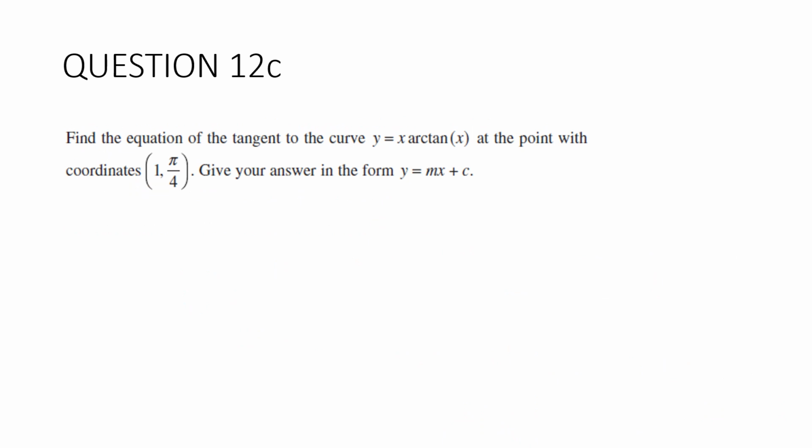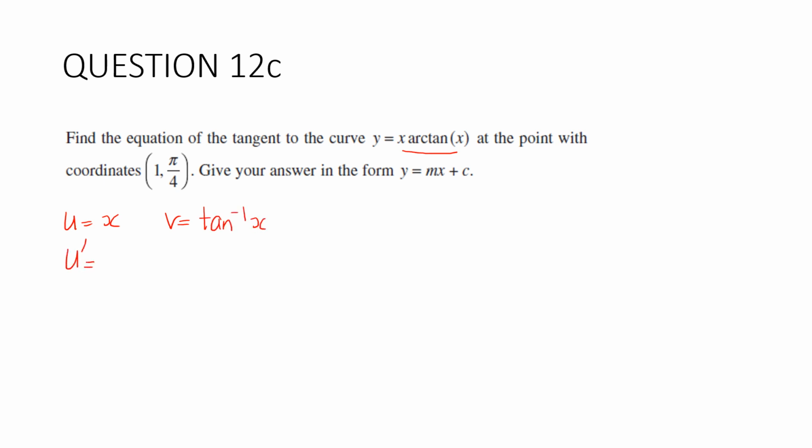12c. Find the equation of the tangent to the curve y equals x arctan x at the point with coordinates (1, pi on 4), and give your answer in the form y equals mx plus c. So we'll start by differentiating. We have got a product rule here. So u is equal to x and v is equal to inverse tan of x.